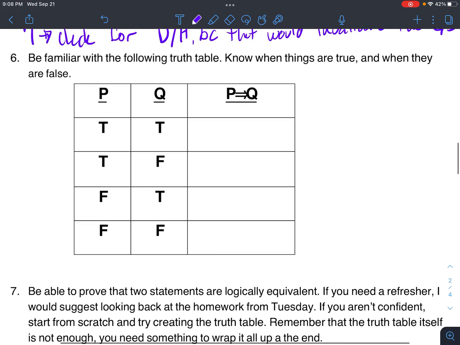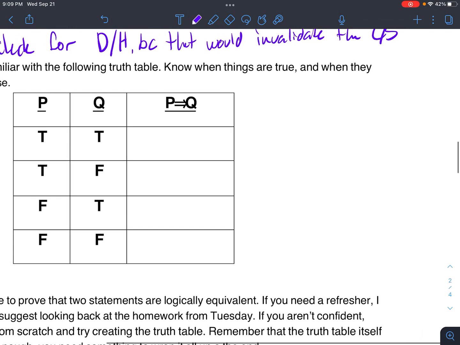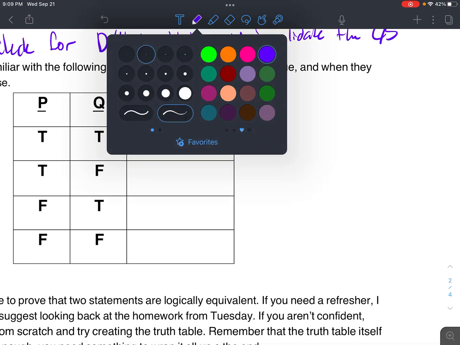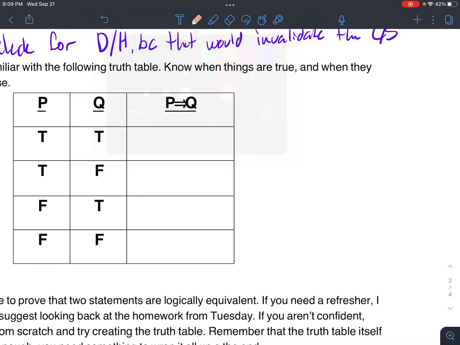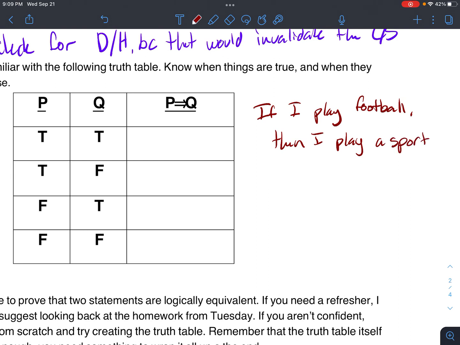Next, be familiar with the following truth table. Know when things are true and when they are false. So I gave a few examples, and one of them that I've really grown to like is, let's say, if I play football, then I play a sport.